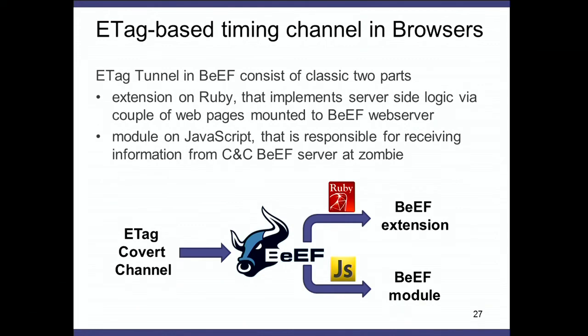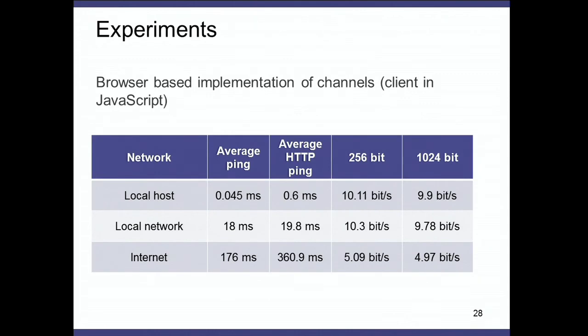Okay, BeEF. You know that it has extensions, modules of extension, which work on the server side, and modules which are on the client side. That's why we realized the extension, which is written in Ruby, which has a couple of pages for BeEF, and then a module in JavaScript for receiving information.